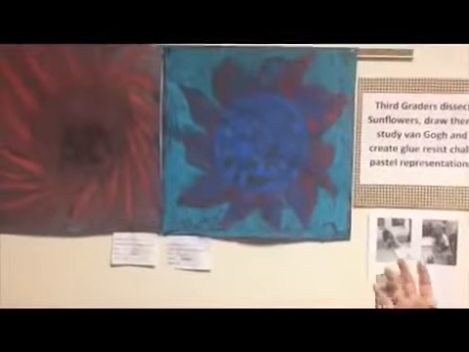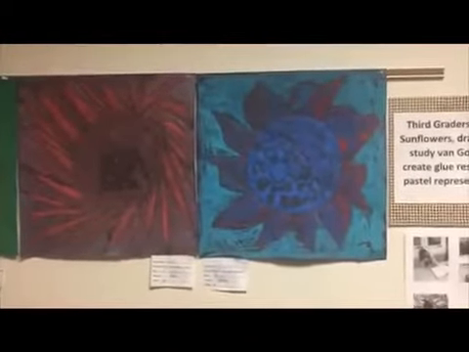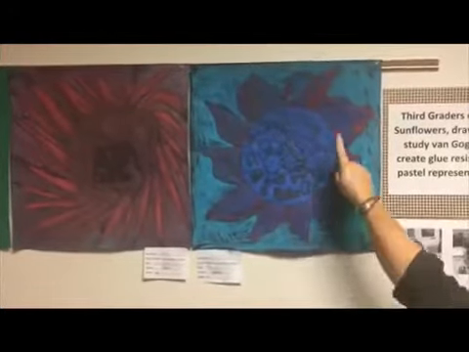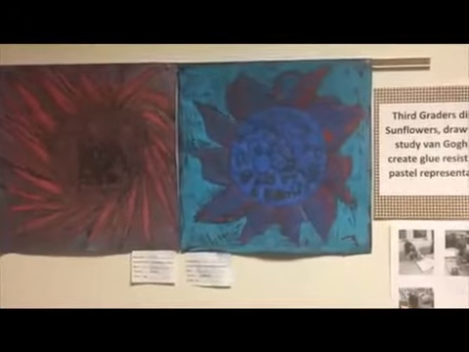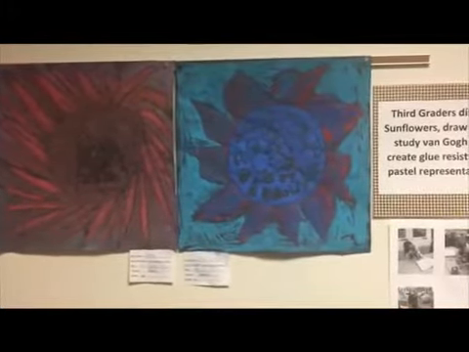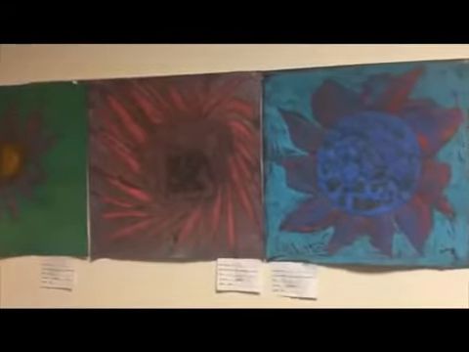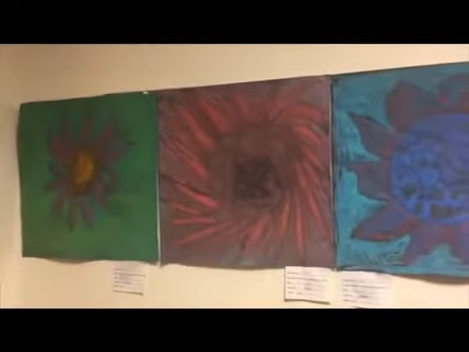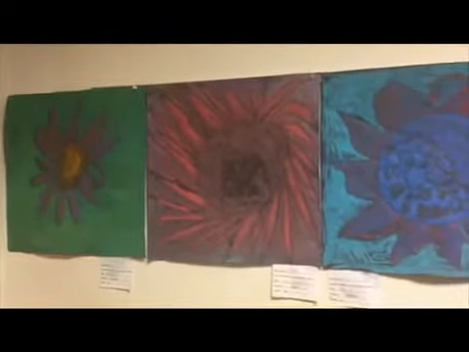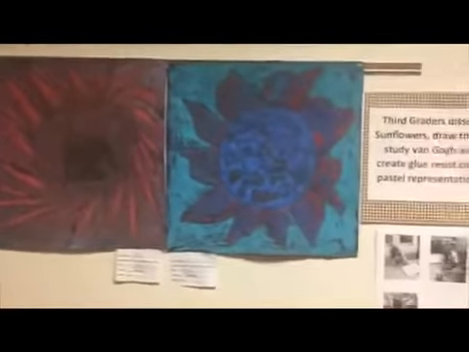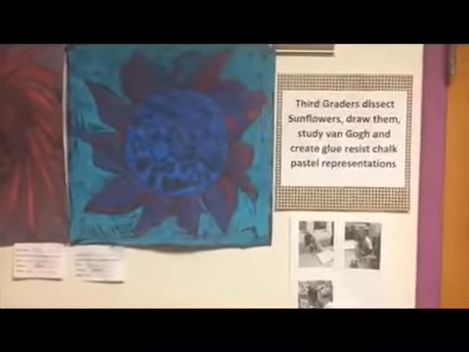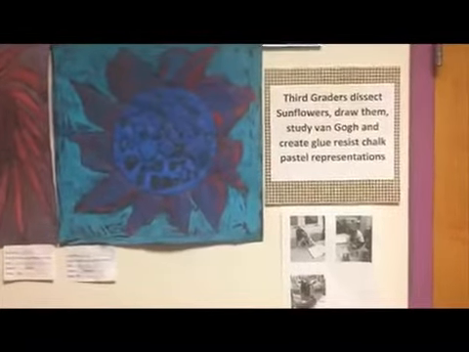Finally, in the 3rd class, we draw the sunflowers very large. I do a little glue resist with them, and that dries. And in the 4th class, they come back and they can abstract their work, do any color that they want. So this really takes it all the way from realism to abstraction. It brings in a masterwork and science.